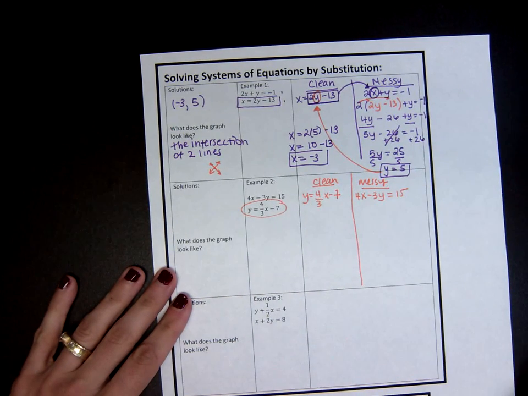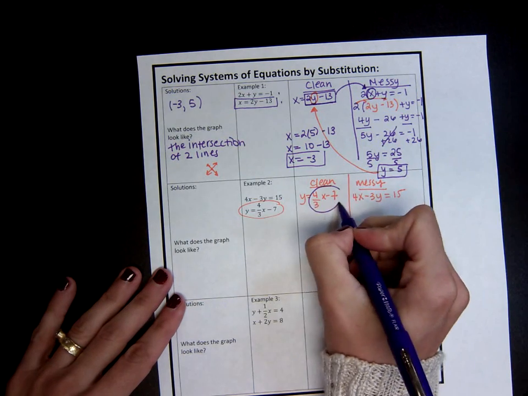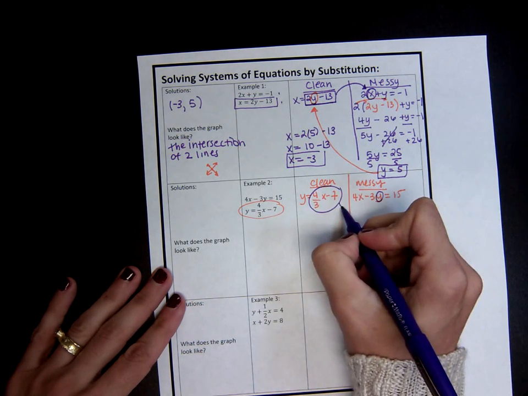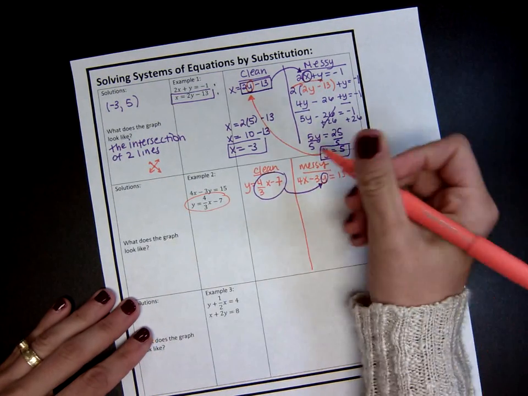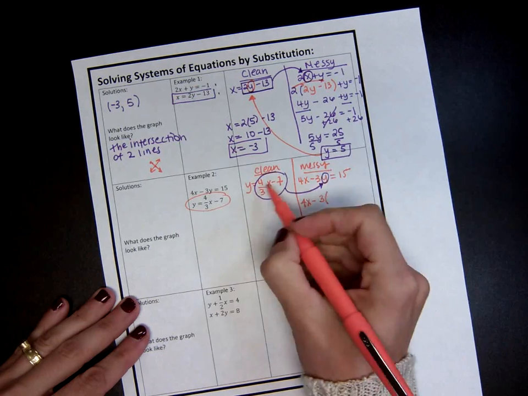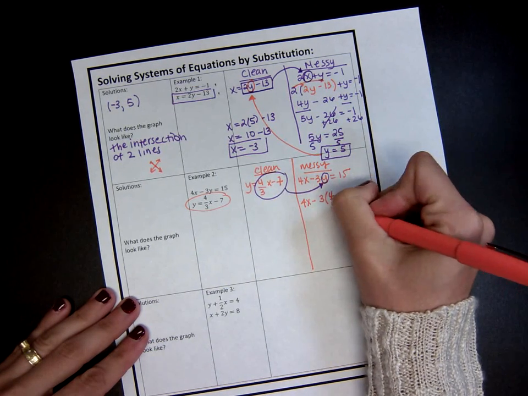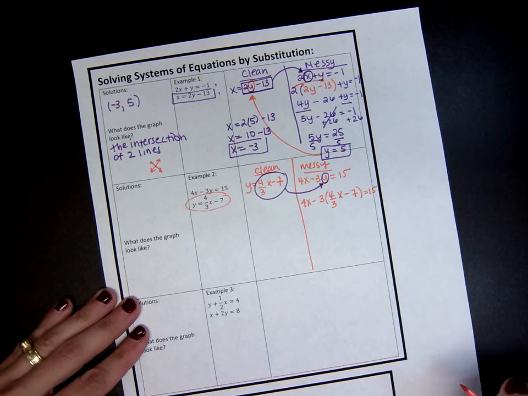So we're going to take what y is equal to, and sub it in for the y in our messy equation. So we'll rewrite our equation, 4x minus 3 times, instead of y, we're now using 4/3 x minus 7, and all that is equal to 15.